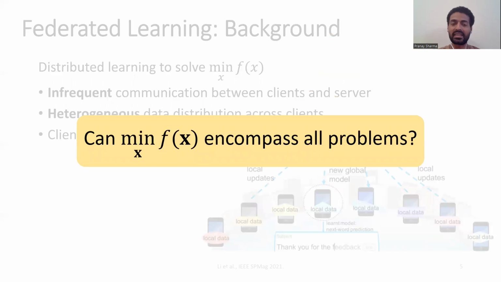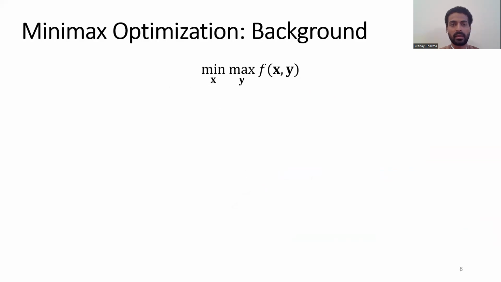But the question is, can simple minimization problems encompass all the problems we encounter while doing machine learning? So to address some of the limitations of simple minimization problems, we study min-max optimization, where we have min over x and max over y of a function, which is a function of both x and y.